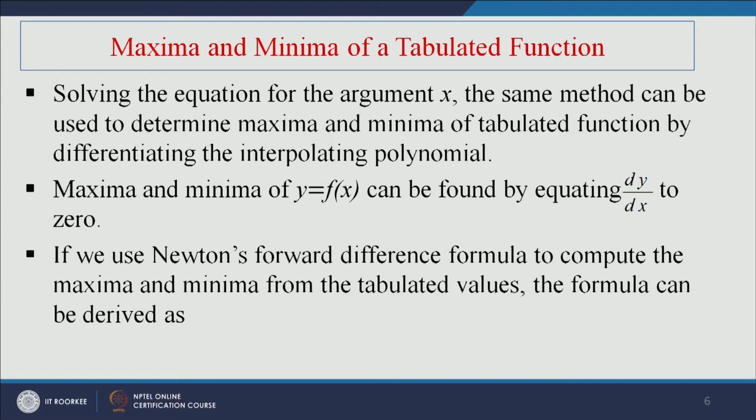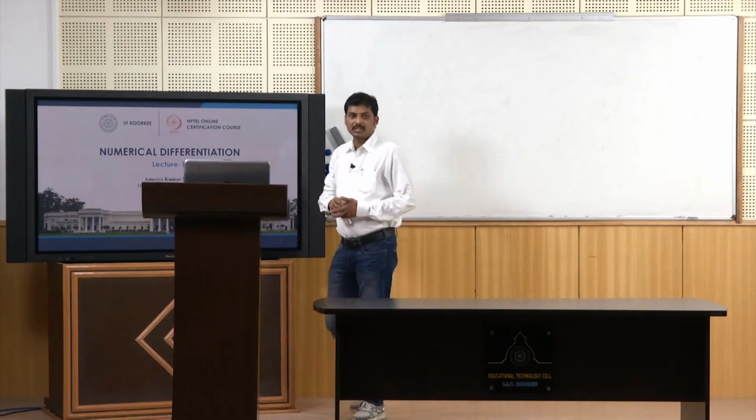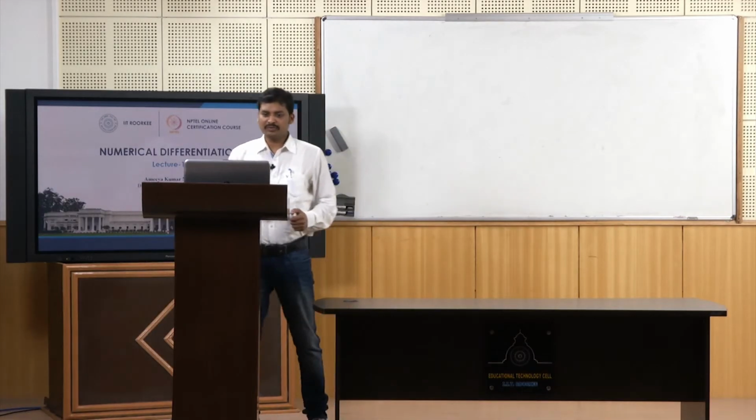First, if you use Newton's forward difference formula to compute the maxima and minima for the tabulated values, the formula can be written like this.